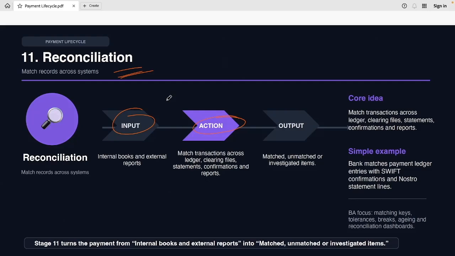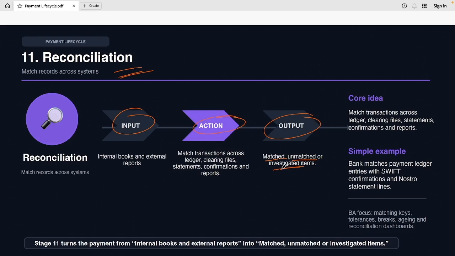If the records agree, the item is marked as matched. If they do not agree, the item becomes a reconciliation break. Now, what is a reconciliation break? A reconciliation break is nothing but a difference or mismatch between records. The output of this particular stage is that the items are classified as either matched, unmatched, or kept under investigation.